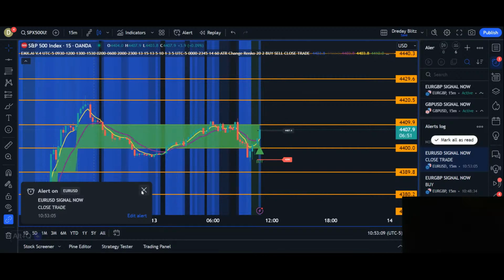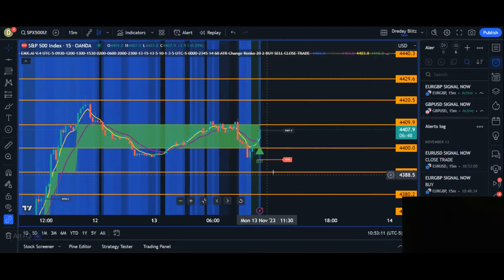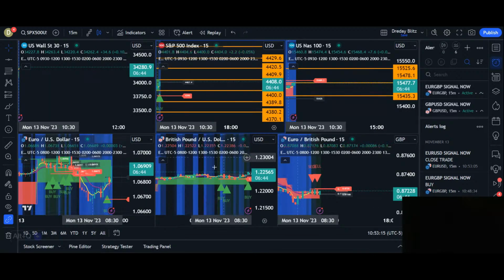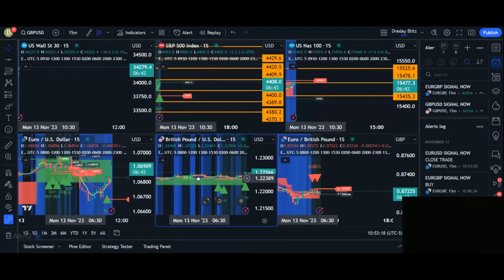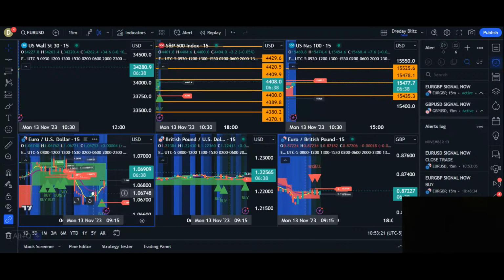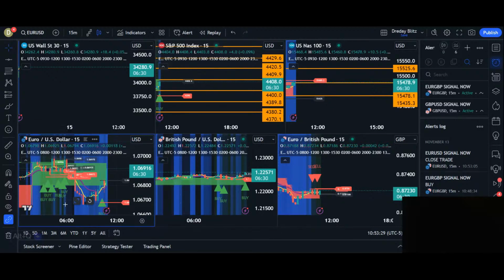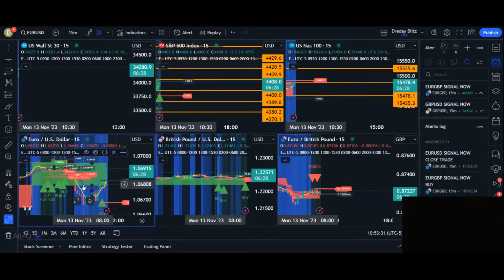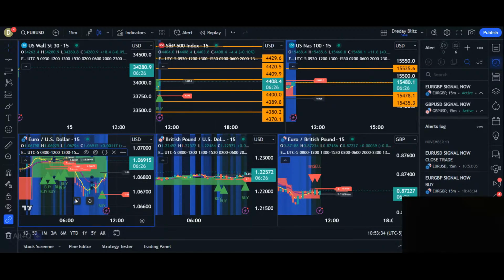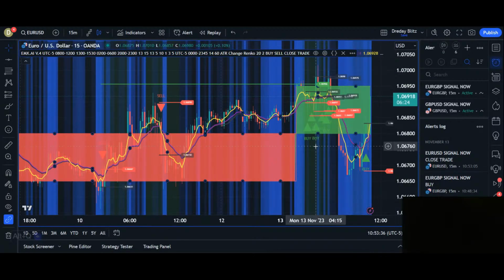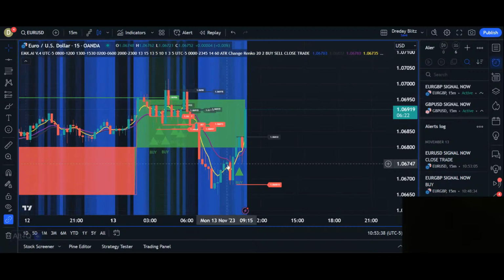So US30 closed trade, so that means that we switched direction. So let's look at US30. I'd have to look at the US30.